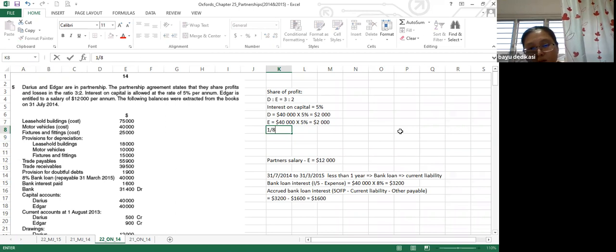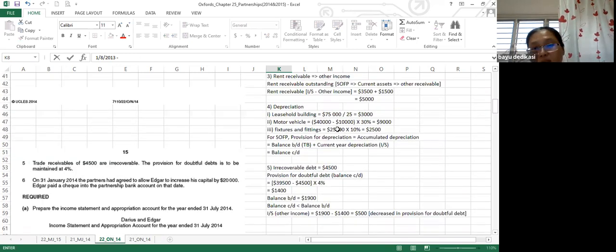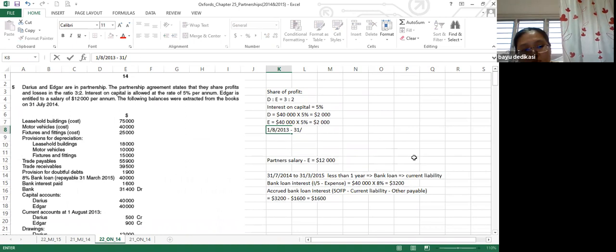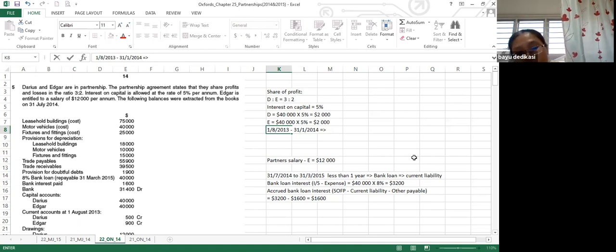First August 2013, when is the capital transferred? 31st Jan 2014. This one, how many months? 6 months. Okay, and then another 6 months from 1st Feb 2014 until 31st July 2014. So this is another 6.